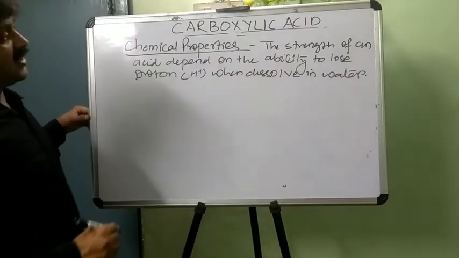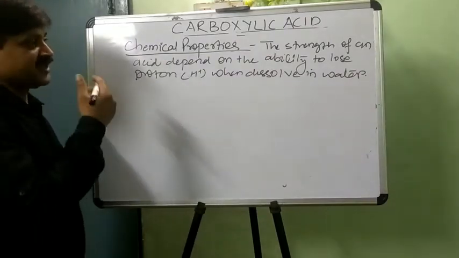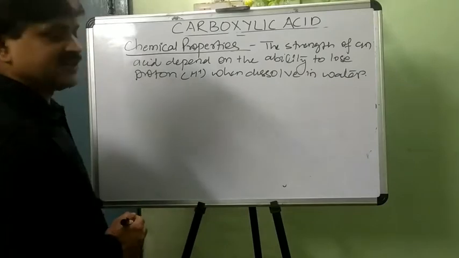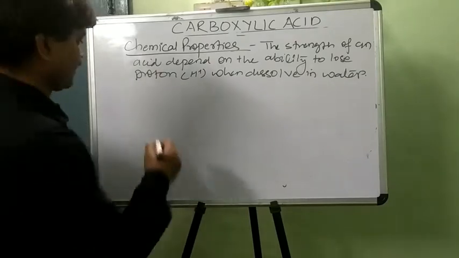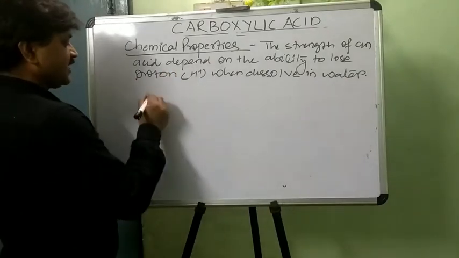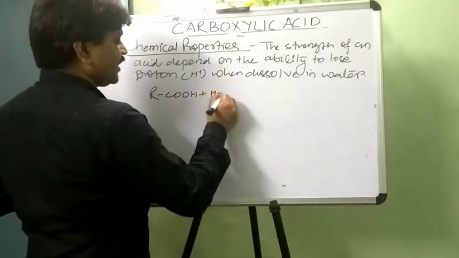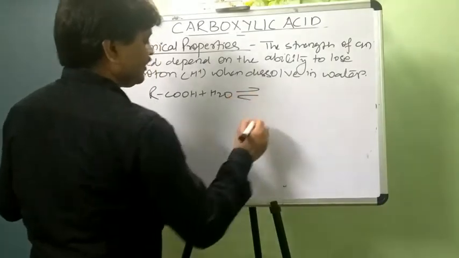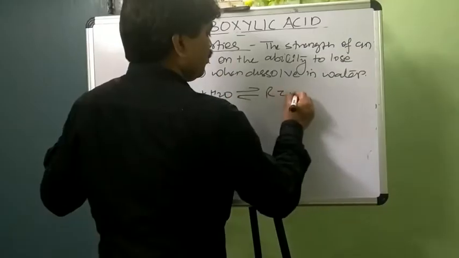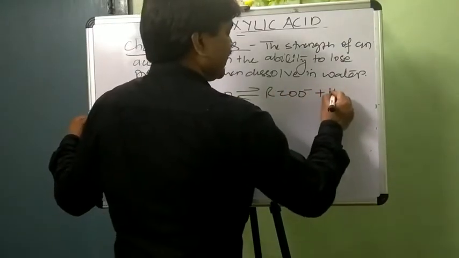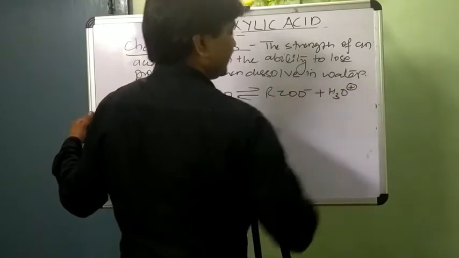So the dissociation strength of the carboxylic acid we can express in terms of the dissociation constant. For instance, RCOOH when dissolved in water, H2O, forms RCOO minus, acetate, plus hydronium ion, or you can say H plus ion.